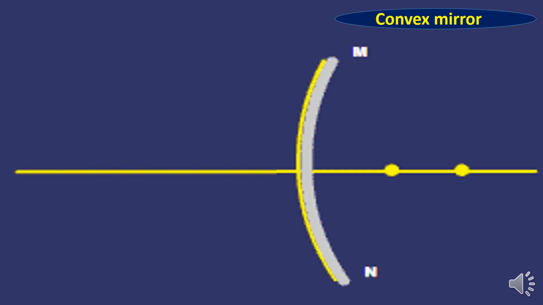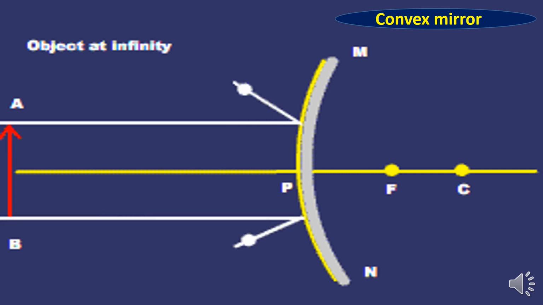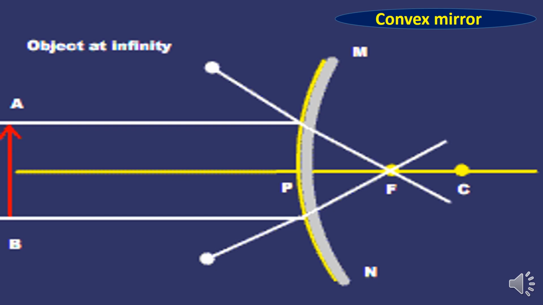When an object is placed at infinity in front of a convex mirror, a virtual, erect, highly diminished, point-sized image is formed at the principal focus behind the mirror.